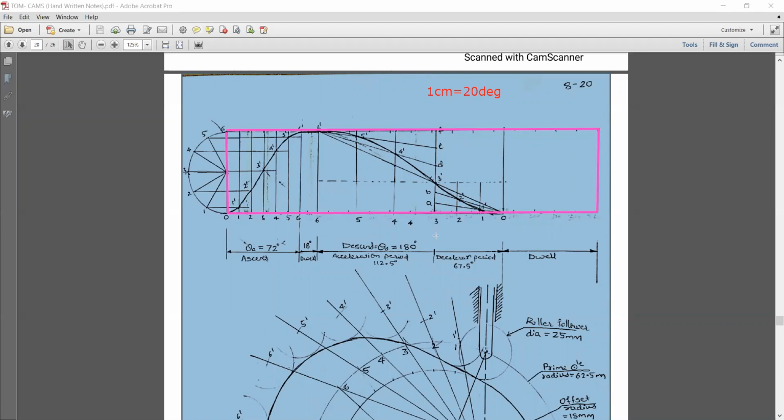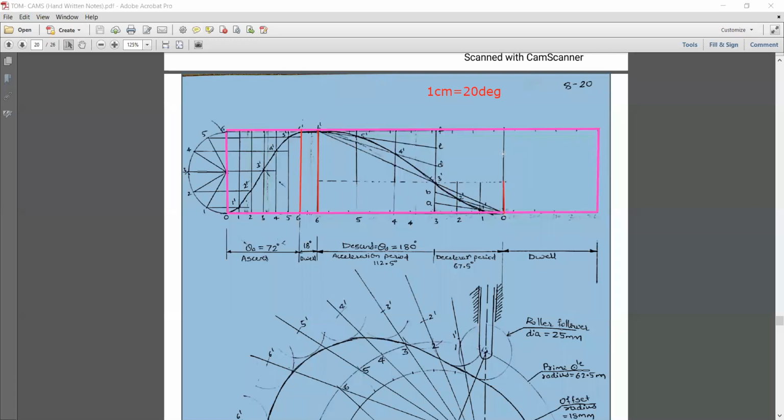Next, 180 degrees: you just mark it from this point to this point. Let me make a partition line here. From here to here, it is 1. Correct? And this is 180 degrees.